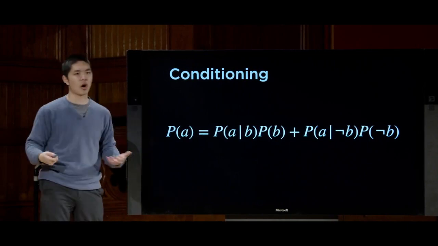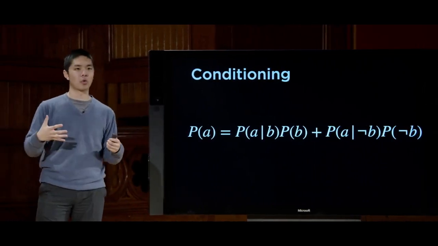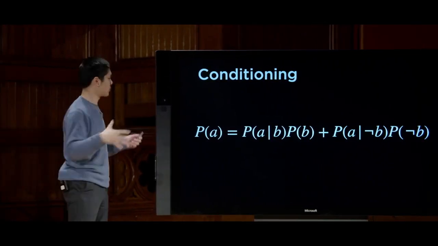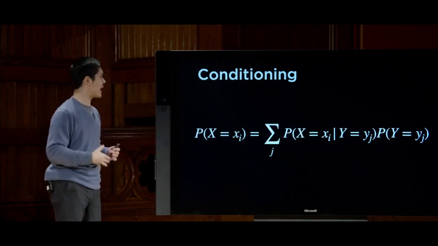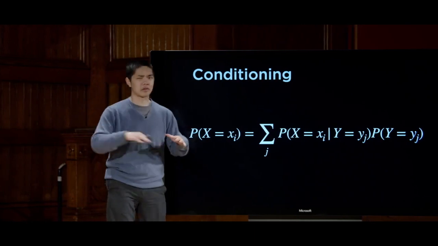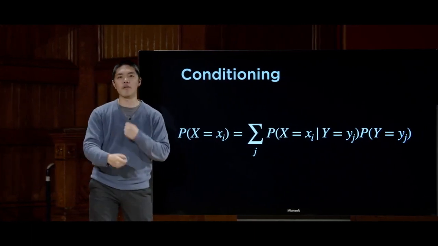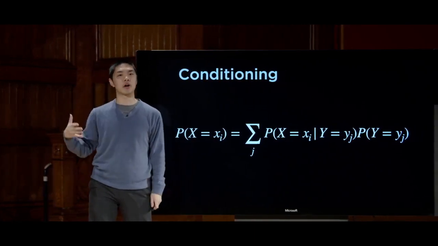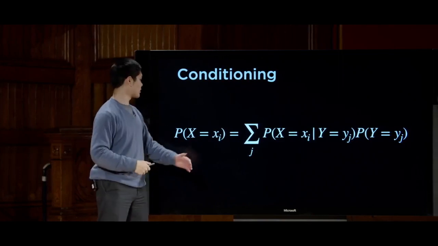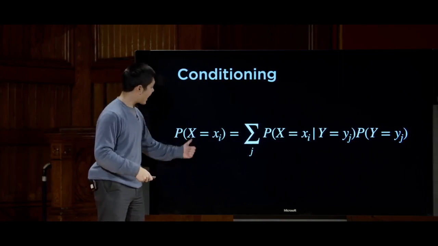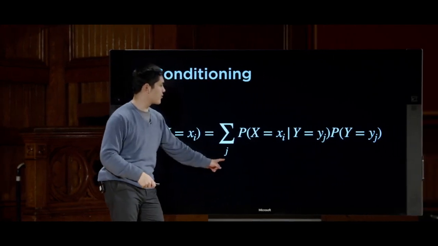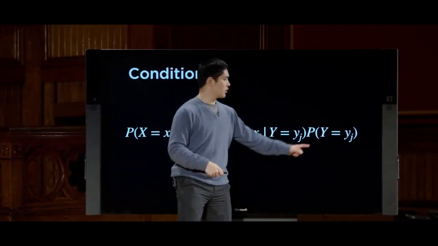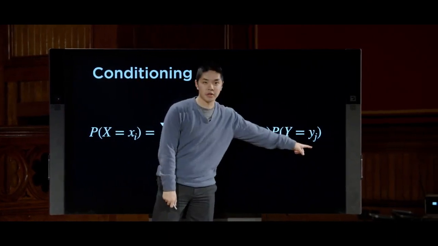And just as in the case of marginalization, where there was an equivalent rule for random variables that could take on multiple possible values in a domain of possible values, here too conditioning has the same equivalent rule. Again, there's a summation to mean I'm summing over all of the possible values that some random variable Y could take on. But if I want to know what is the probability that X takes on this value, then I'm going to sum up over all the values j that Y could take on and say, all right, what's the chance that Y takes on that value, y_j?